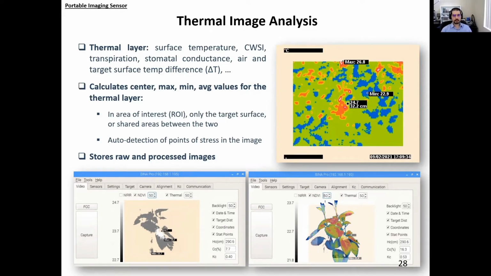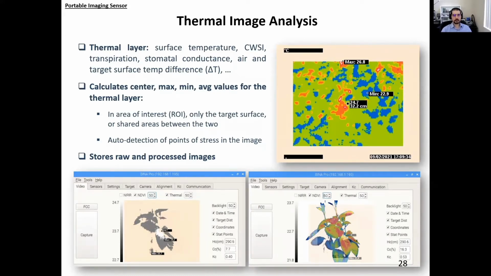What it does is calculate center, maximum, minimum, and average values for the thermal layer. Depending on the settings, it does it in just an area of interest or only the target surface, because it's able to separate the target from the background and do all the statistical analysis just inside the target surface, or the shared areas between the two.